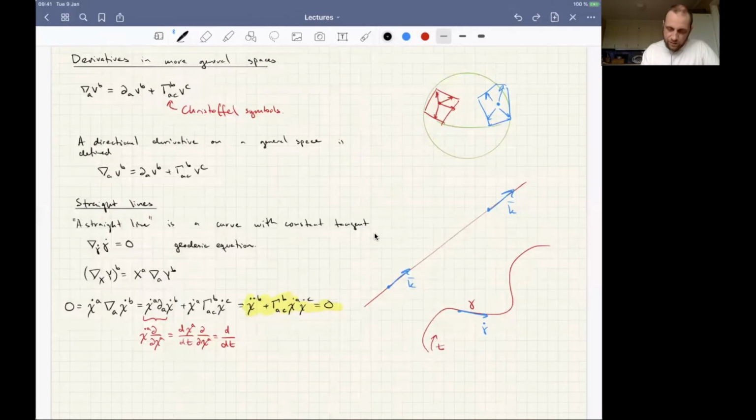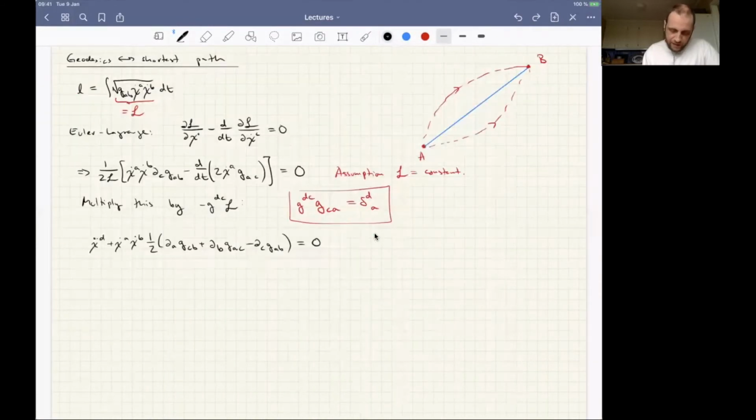Because first we have this second derivative of the coordinates, then we have 2 first derivatives of the coordinates, and we have some gamma. So it's exactly on the same form as we have here: the second derivative of the coordinates, the first derivative of the coordinates, and then some other thing where I have actually forgotten the inverse metric, so GDC.